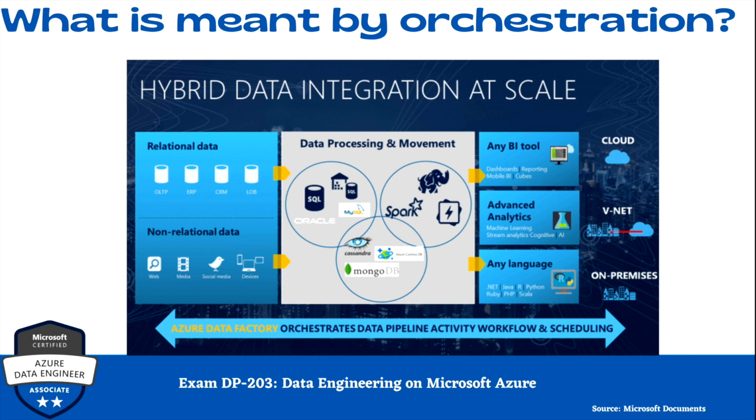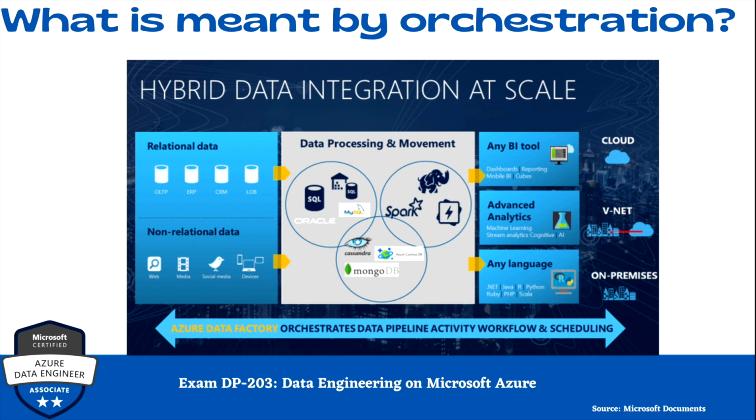Over here, you should also note that it provides rich visualizations to display the lineage and dependencies between your data pipelines and monitor all your data pipelines from a single unified view to easily point out issues and set up monitoring alerts. On your screen, you can see a hybrid data integration at scale, where you have your relational databases and non-relational databases on your left hand side.